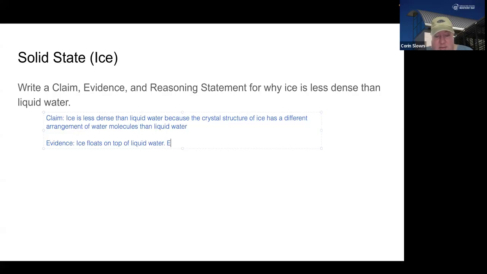Another piece of evidence is as liquid water freezes, its arrangement or the distance between water molecules changes. You can physically see the change. Any other evidence you can think of?